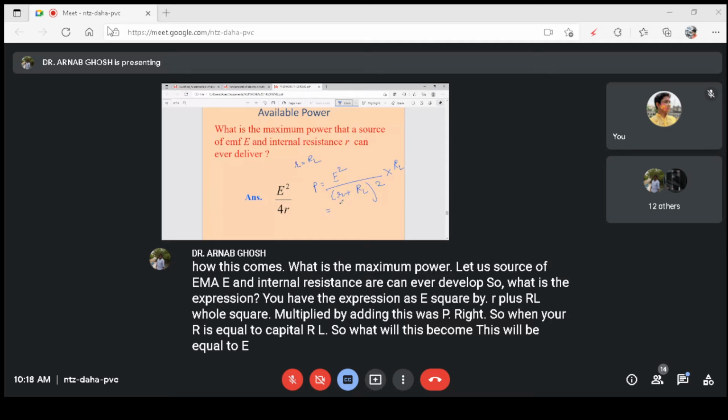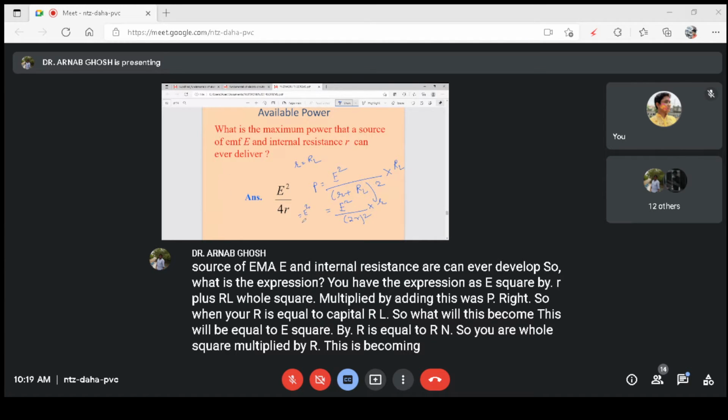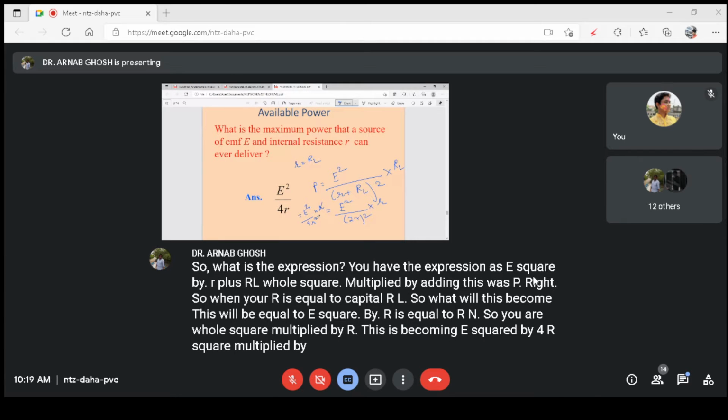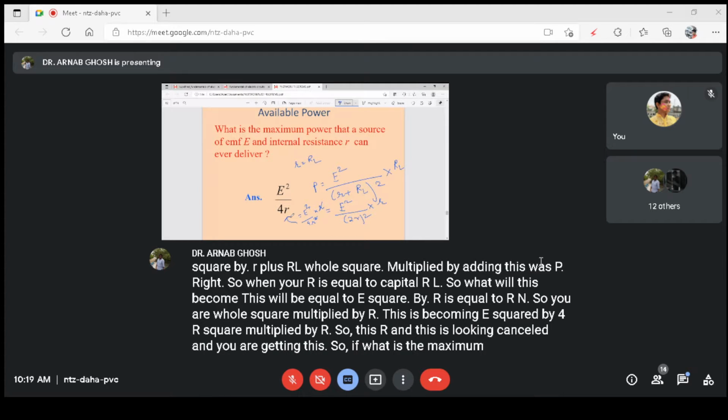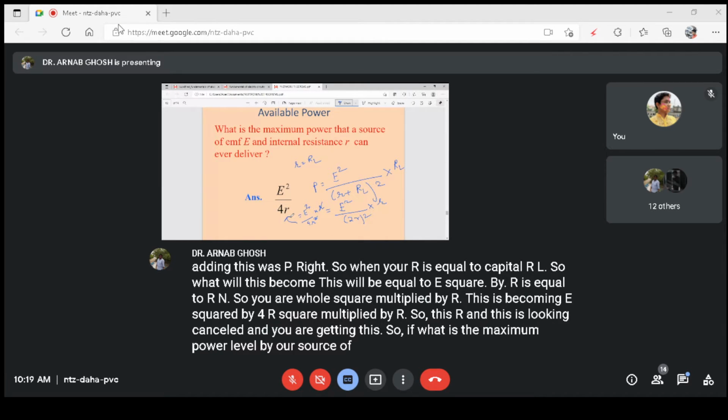So when your R is equal to capital RL, what will this become? E square by, R is equal to RL, so 2R whole square, times R. So this is becoming E square by 4R square multiplied by R. So this R and this R get cancelled. What is the maximum power developed by a source of E and internal resistance R?